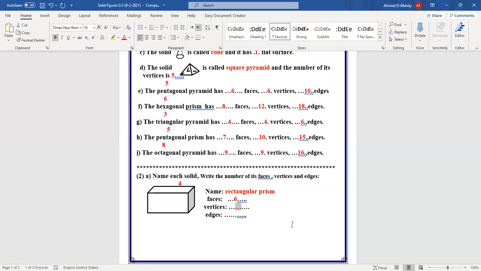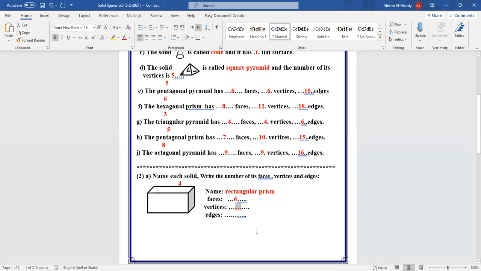What will you do to find the number of vertices? Can you understand me? You were absent yesterday, right? This is a problem. Okay, can you understand me? Okay.